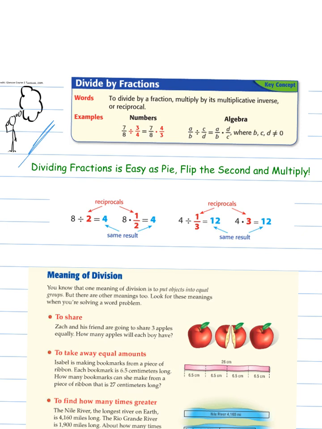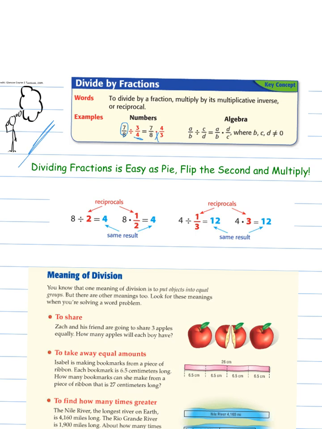So we keep the first number the same, we change to multiplication, and then we flip the second number, find that multiplicative inverse. Okay? So that's where this saying dividing fractions is easy as pie, we just flip the second and multiply.